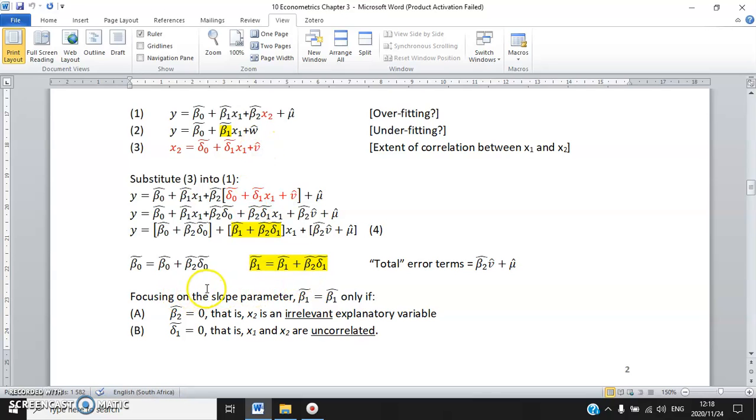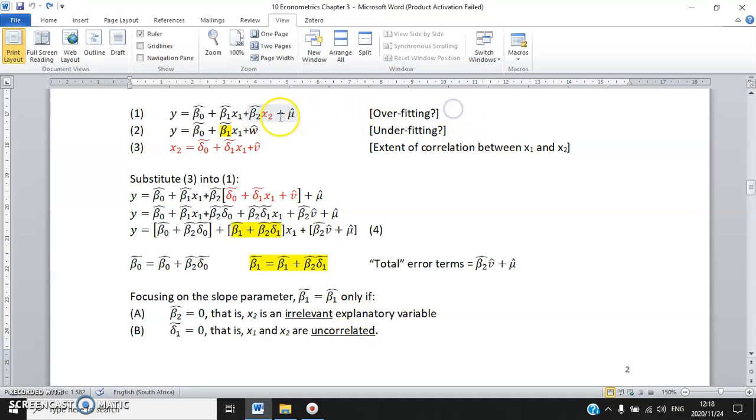Okay, focusing on this slope parameter, these two would be exactly the same only if B2 hat is exactly 0. Because if your B2 hat is 0, then this thing falls away, isn't it? Then my B1 wave would be exactly the same as B1 hat. But B2 hat is only 0 if x2 is an irrelevant explanatory variable.